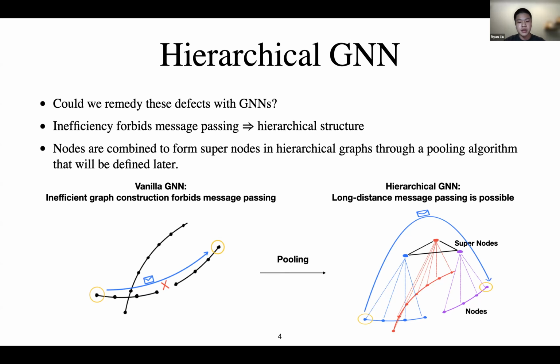By supernodes, I mean nodes in the upper level, which combine the lower level nodes together. Then the two ends of the graph will be able to talk to each other efficiently by hopping up and down the hierarchical structure. And in order to do so, we would need a pooling algorithm that fits our case.